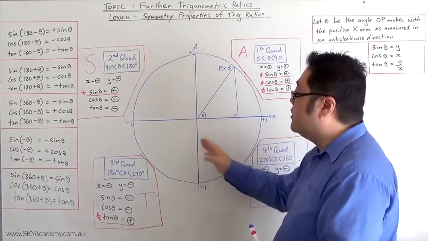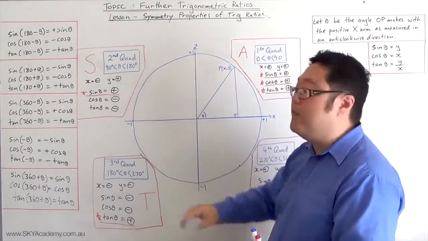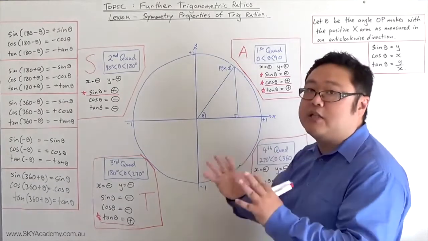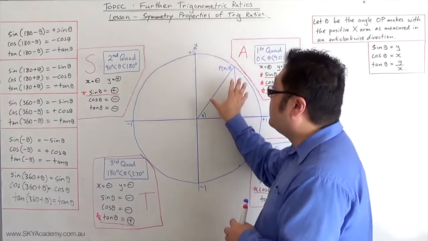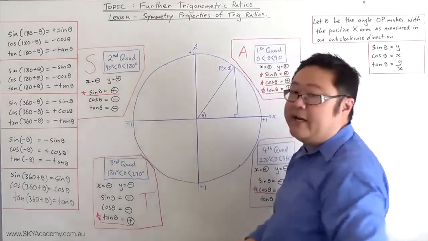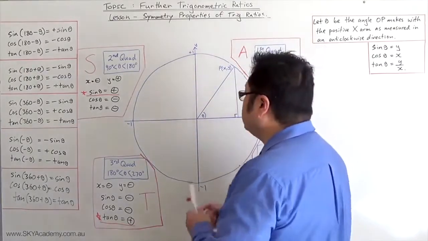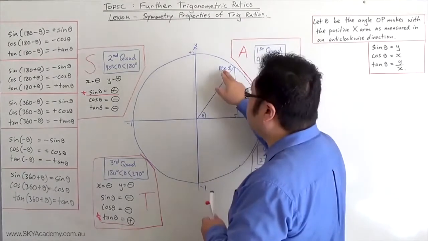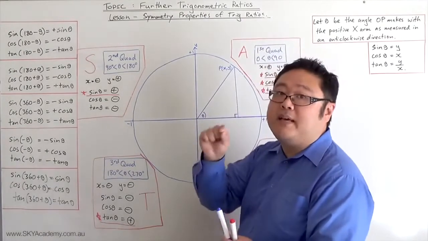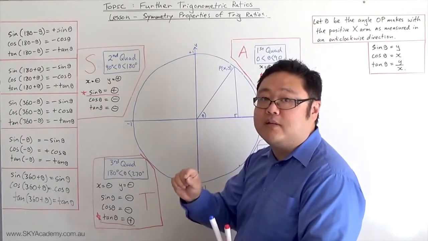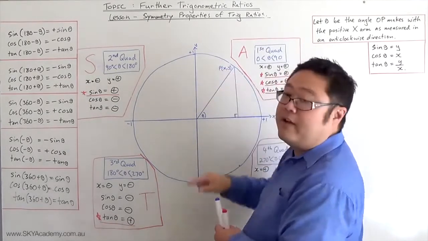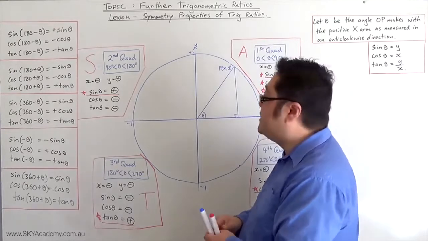In the third quadrant, we can draw a perfectly symmetrically corresponding angle by rotating this 180 degrees. The X and Y coordinates are going to be exactly the same, but they're the negative version and not the positive version of what we have in the first quadrant. Does that make sense?